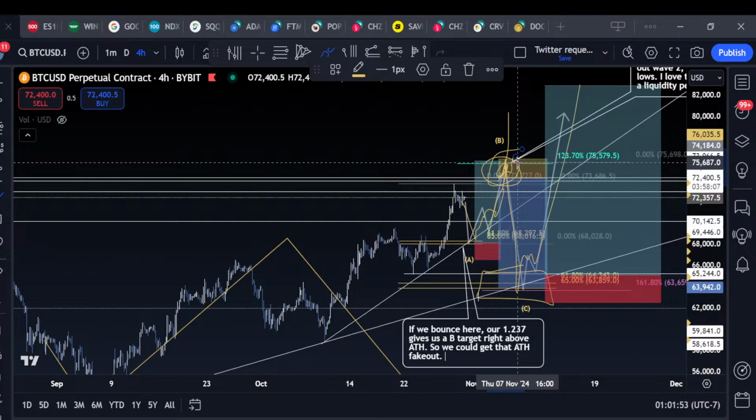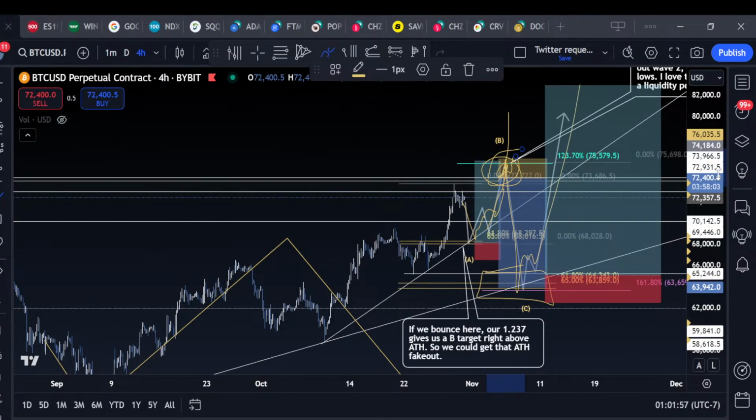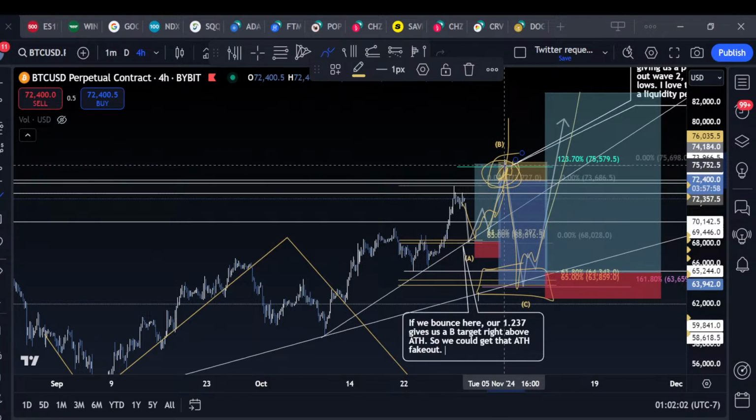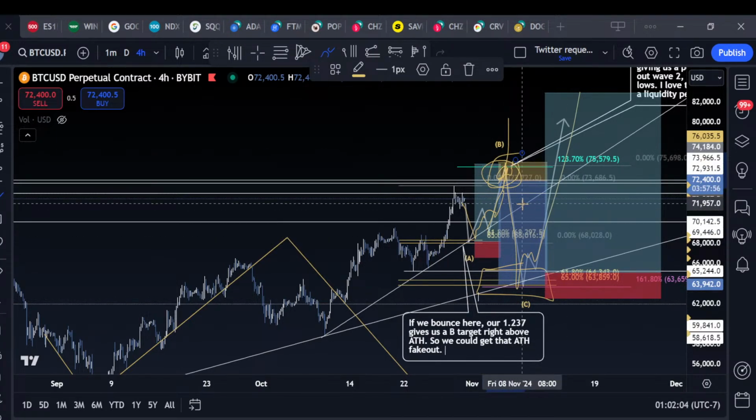There's potentially going to be fundamental news-driven catalysts around the election, trapping a ton of longs, and then price wiping them out. I mean, price is driven towards liquidity, right? And it moves based on liquidity.